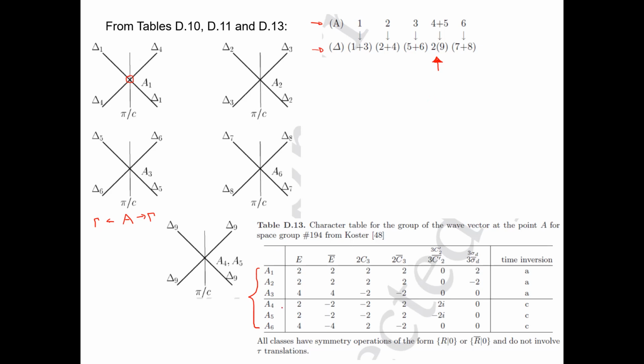Because if we look at the A4 and A5 irreducible representations, you see that the characters are the complex conjugate of each other. And when that happens, this is a signal to us that these two states are actually degenerate because of time reversal, which is not a spatial symmetry, but time reversal symmetry, which we have not considered so far. We are going to see that in a few days, right?